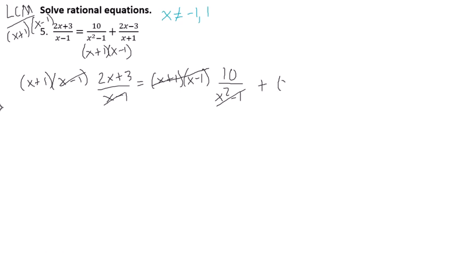Plus 2x minus 3 over x plus 1. So the x plus 1 is going to cancel out. So now I need to multiply this term here by each term, and this term here and this term here, using the FOIL method. It got a little messy.